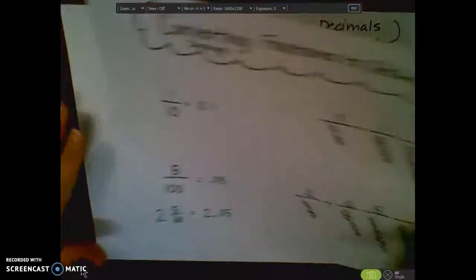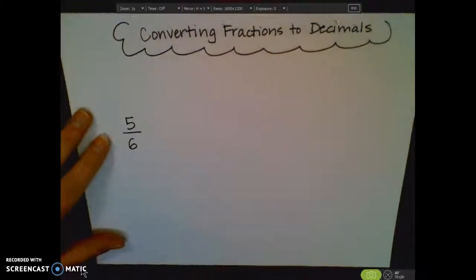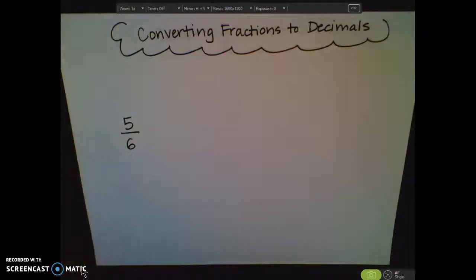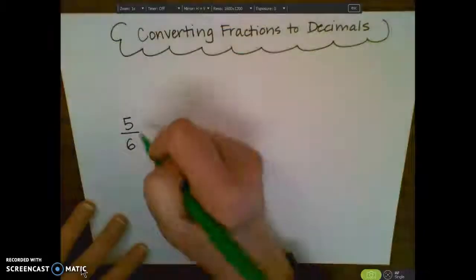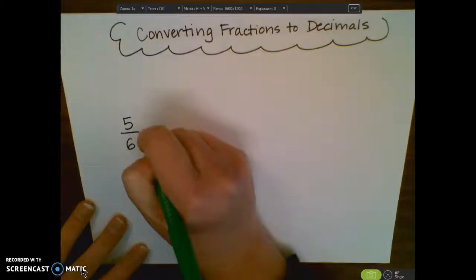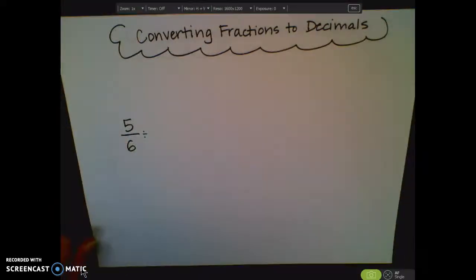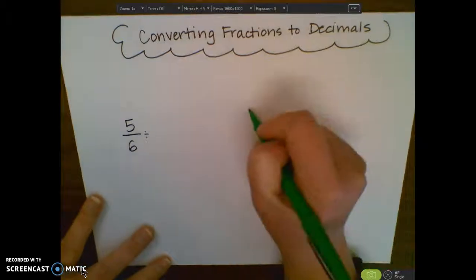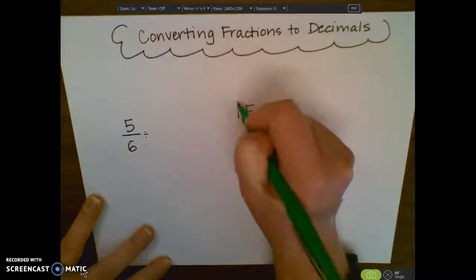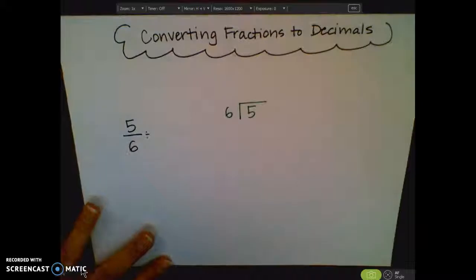Okay. However, there are some fractions that do require some mathematical work. So for instance, 5/6. When we have 5/6, we remember from doing fractions that our fraction bar means the same as division. So we think about this as 5 divided by 6.